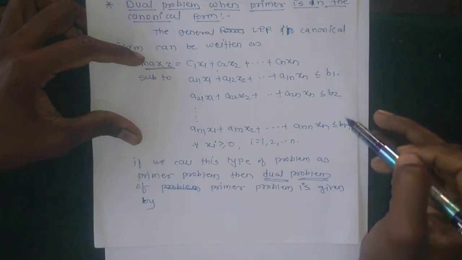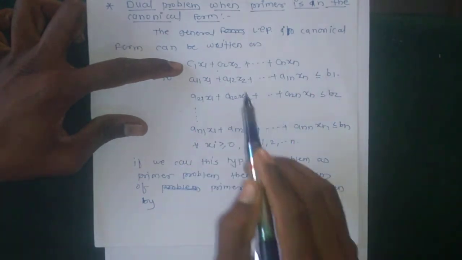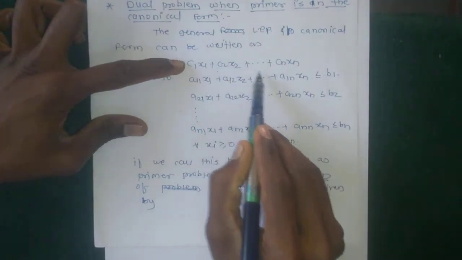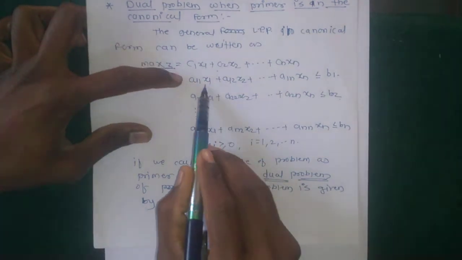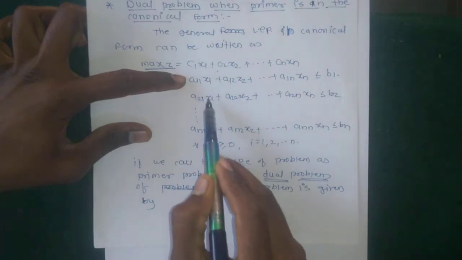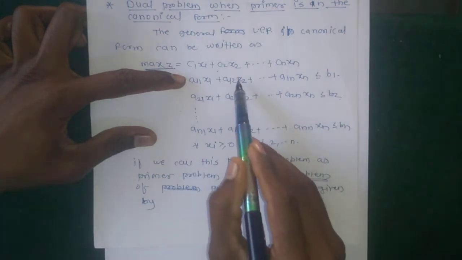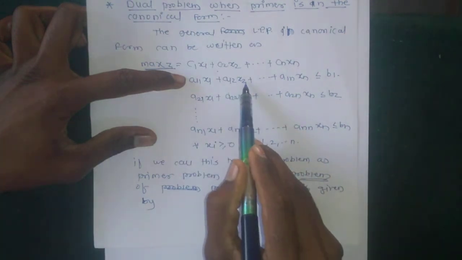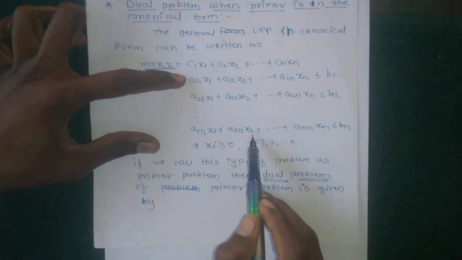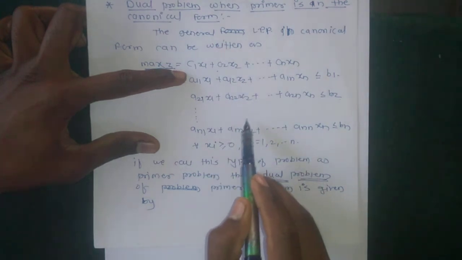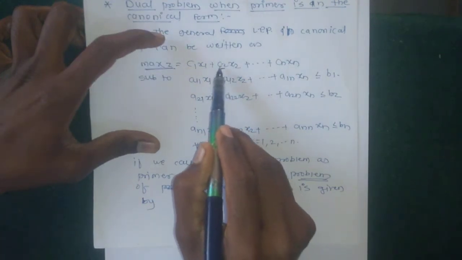All these coefficients are written in the objective function, so b1 w1 plus b2 w2 plus so on bn wn. The constraints are written this way: all coefficients of x1 are written in the first constraint, then for the second constraint, a12 w1 plus a22 w2 plus so on an2 wn, which is the second constraint, and it is compared with the second coefficient of x2 in the objective function.